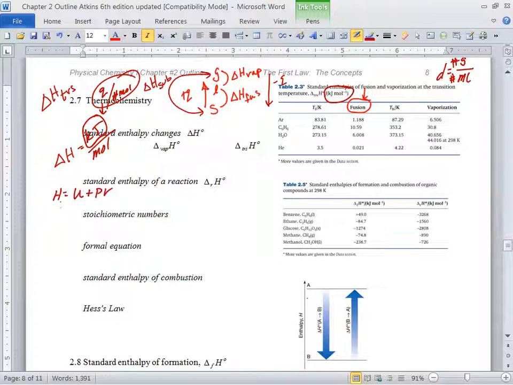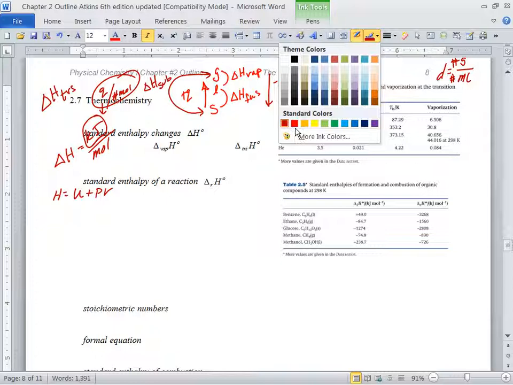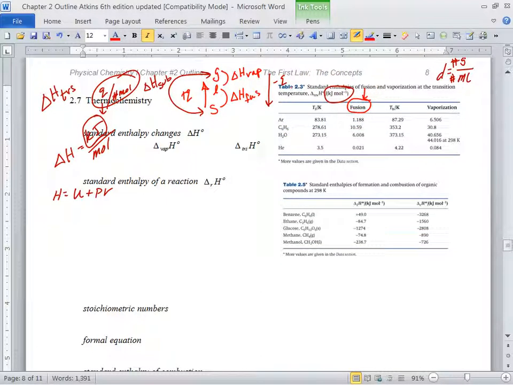So if we put little subscripts on this and deltas, we need some space here. I think they have the R on the delta.